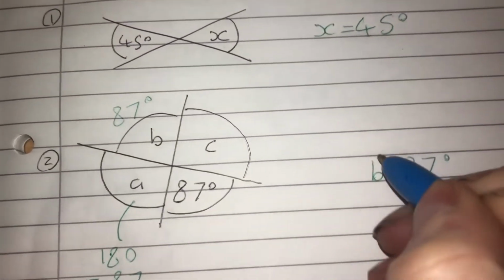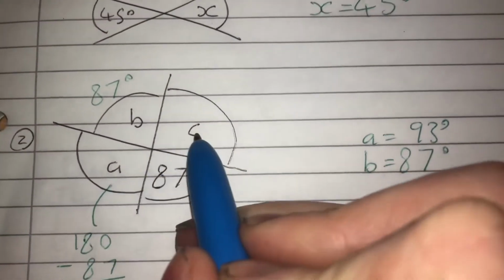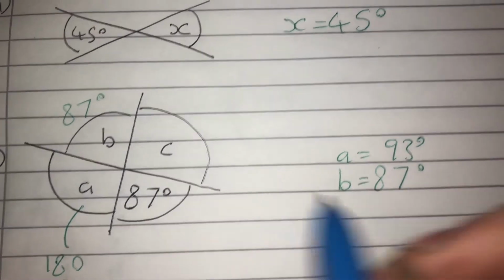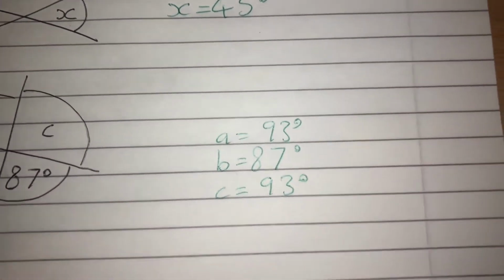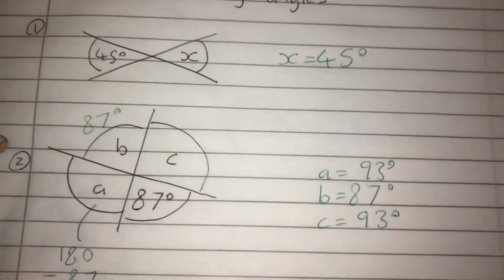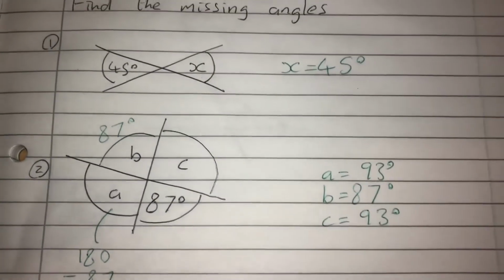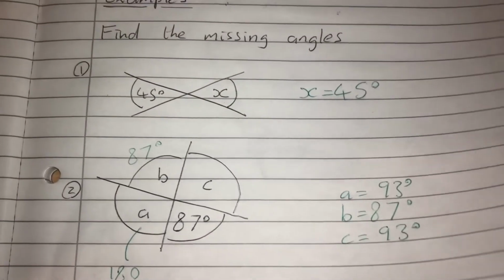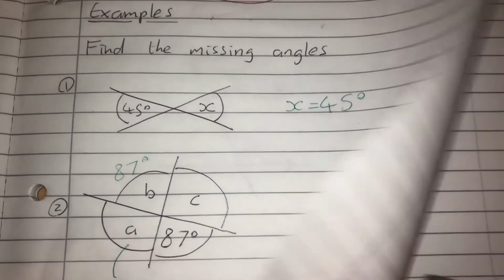Now if I know that A is 93 degrees, because A and C are opposite angles, then C is also 93 degrees. So in that case we've combined two of our rules. Again, you could have gone about working out A first, then B and C, but it's totally up to yourself, and as you become more confident with these, you'll decide what way you prefer to do it.